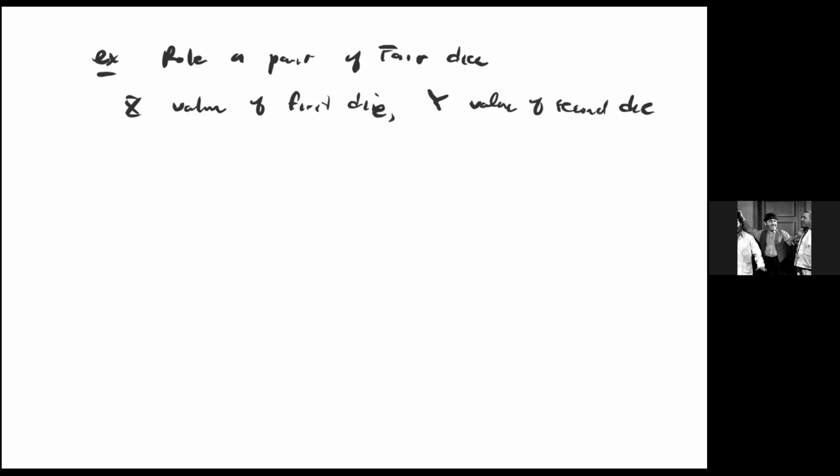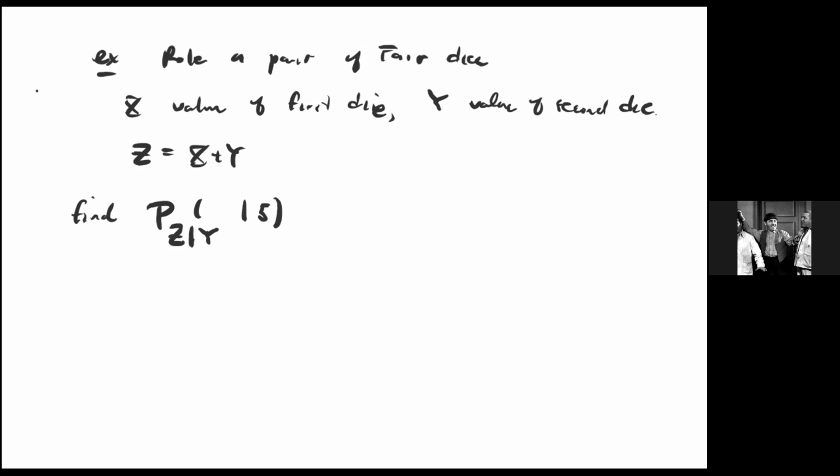These are six-sided dice, and let Z be X plus Y, the sum of the dice. So now let's find the probability of Z conditional to Y, this function, okay? And maybe I'll specify what Y is here. So Y will be 5.